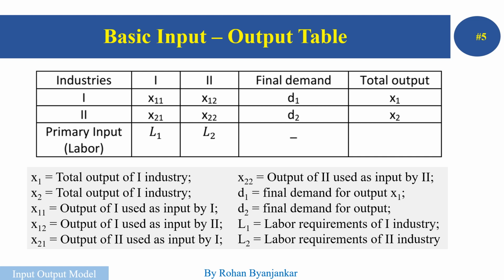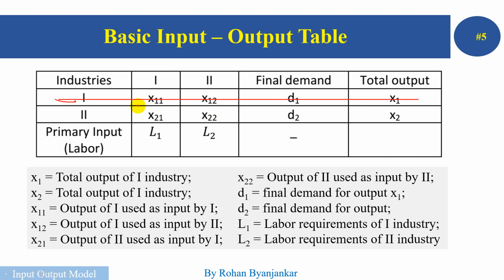So now this is the basic input output table, with industry 1 and industry 2. When moving along this row, this is the supply part.